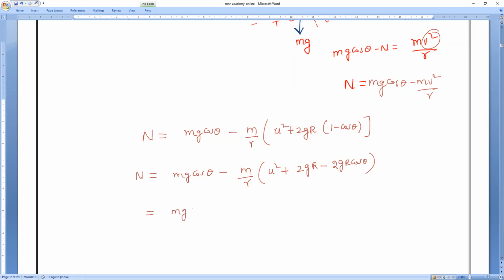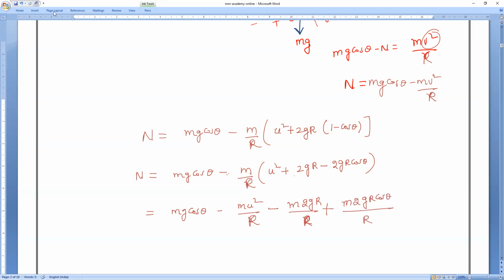Now, mg cos theta minus m into u square by r, next, minus m 2gr by R. Let me take capital R because it is R everywhere. Last one, minus into minus will turn into plus, so m into 2 into g into R cos theta divided by R.